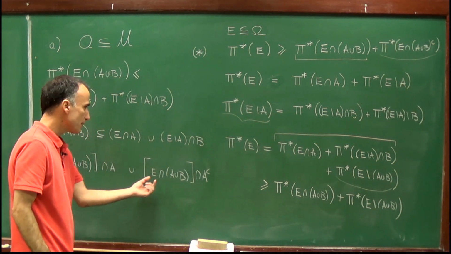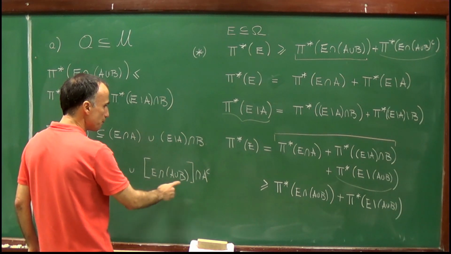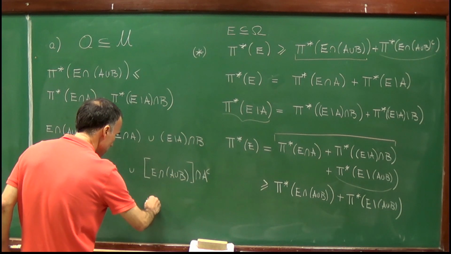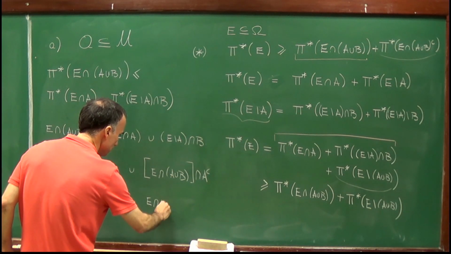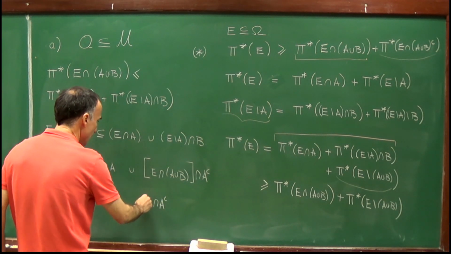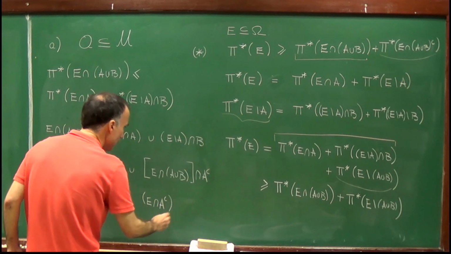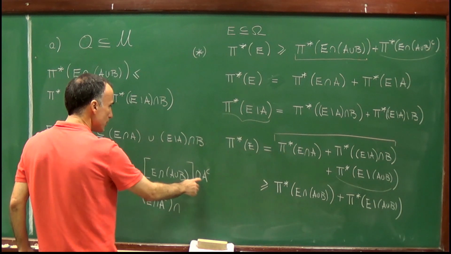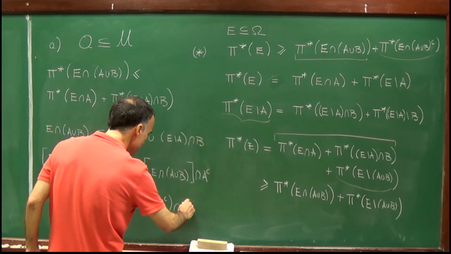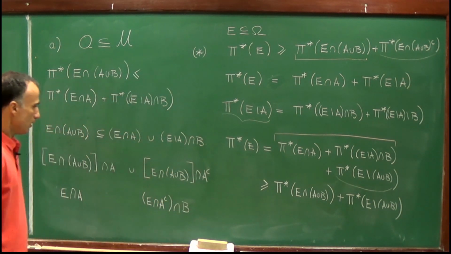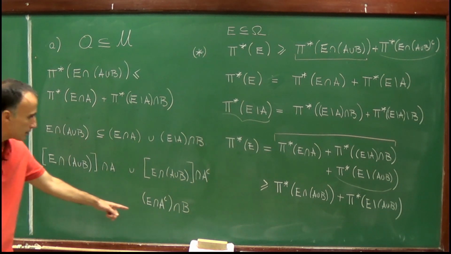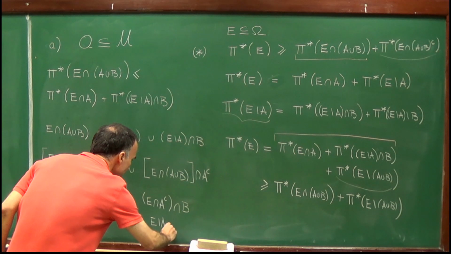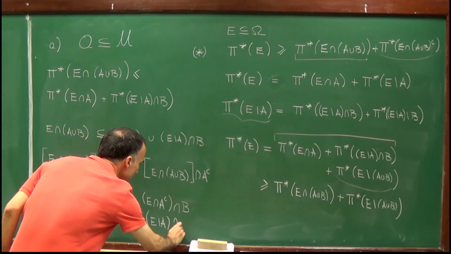We have here the intersection of E with A complement, and now the intersection of that with A union B, which is B. But E intersection A complement is E minus A. So this is E minus A intersection B.